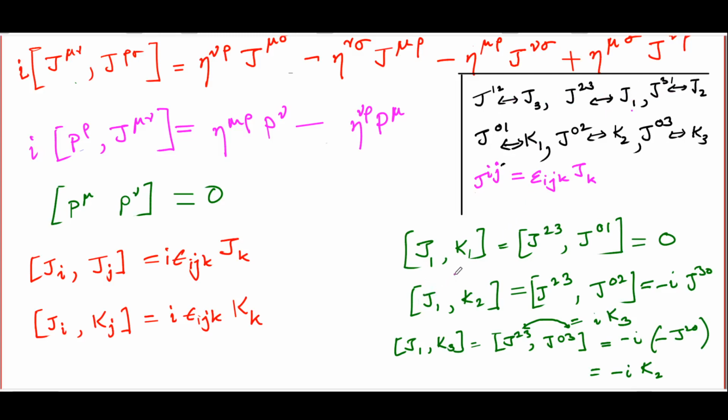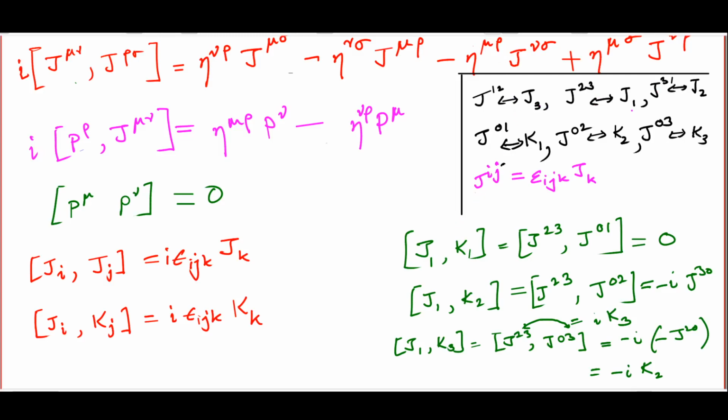For example, if I take J12, on this side you will get epsilon 12k Jk, and the only value of k for which epsilon 12k is non-zero is k equal to 3. So you'll get epsilon 123 J3, that's plus 1 times J3, and hence J3. And you can easily check that the other two also work.